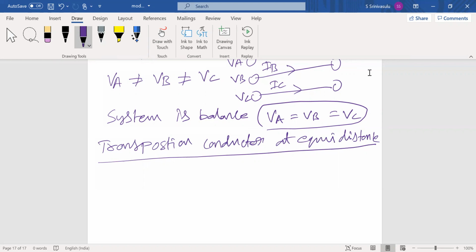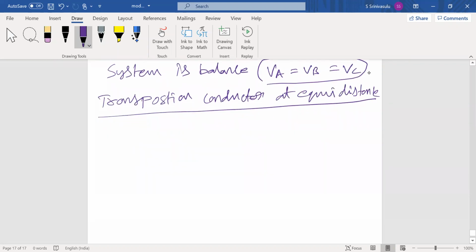Suppose, see what the transposition is. Initially, this is the A conductor, this is the B conductor, this is the C conductor. I am writing A, B, C. Suppose the total length is L meters. Now, what is the transposition?